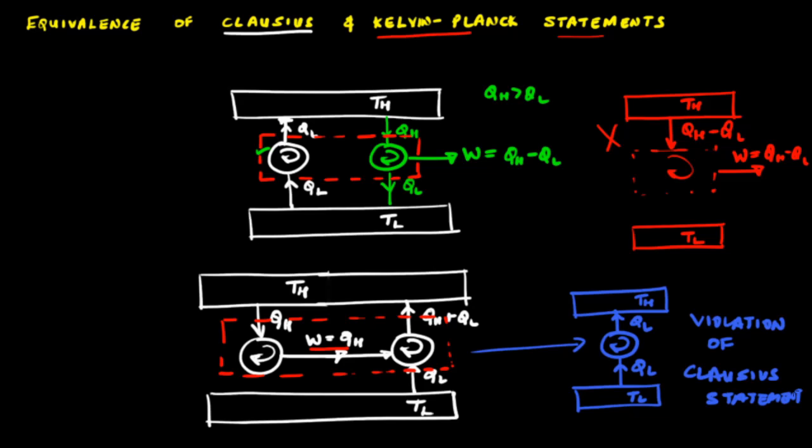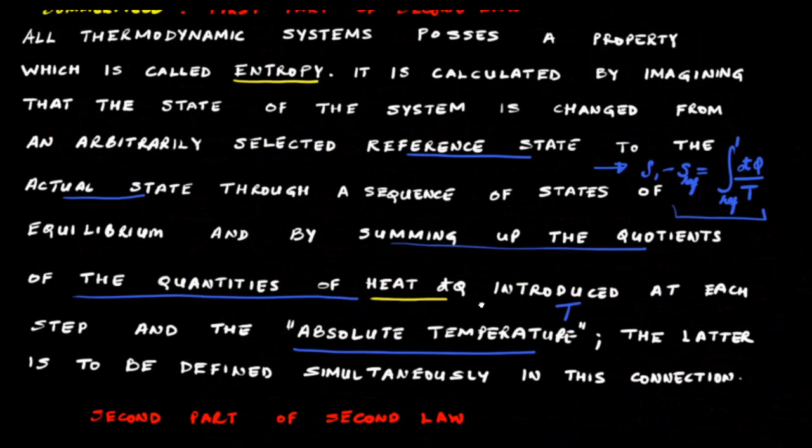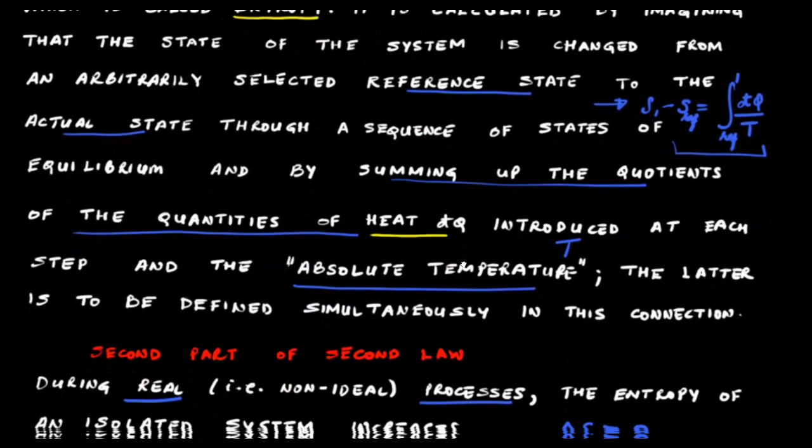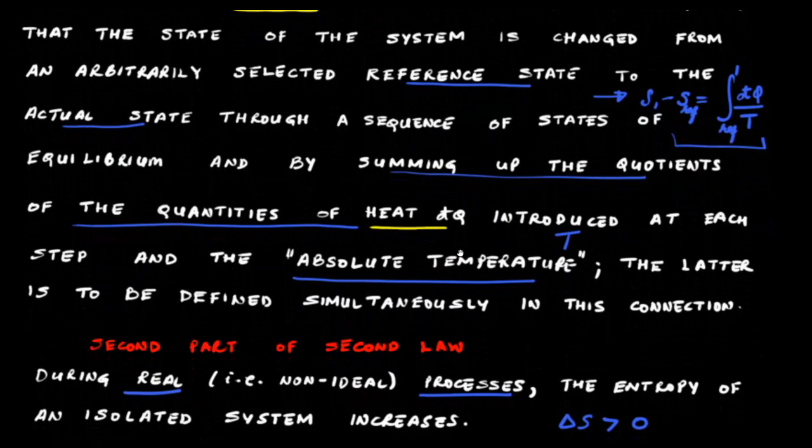Now that we have shown that all these statements are equivalent, we'll use either one of these statements to arrive at the statement of the second law that we stated in the beginning of this lecture. So we'll show that using these statements we can arrive at the first part of the second law and the second part of the second law.